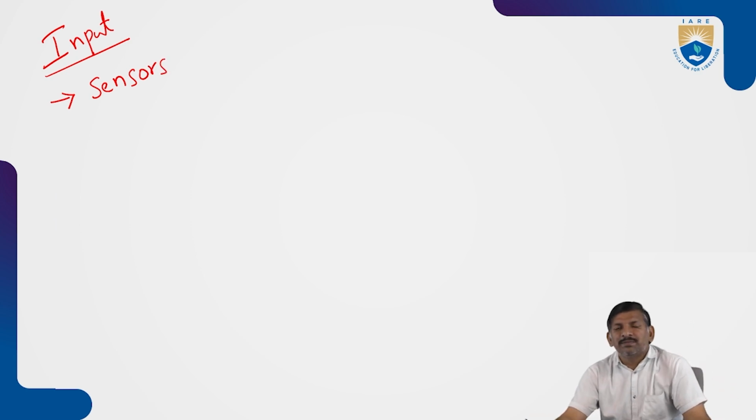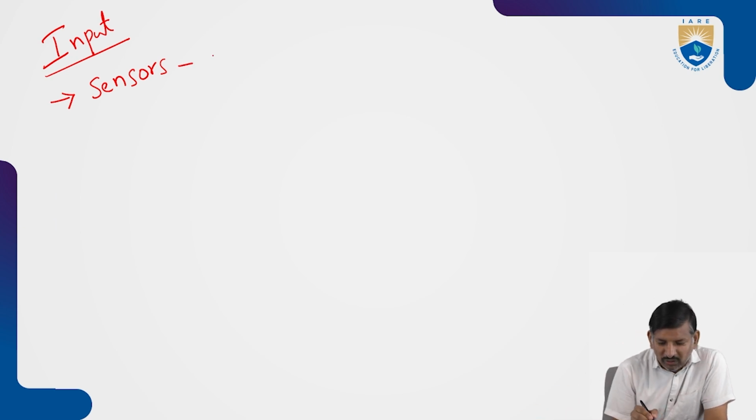What is a sensor? A sensor is a transducer which converts physical changes in the information into an electronic signal. Example, microphone.